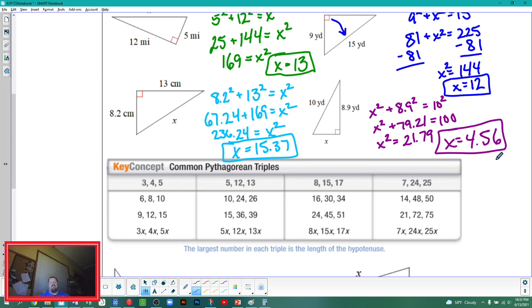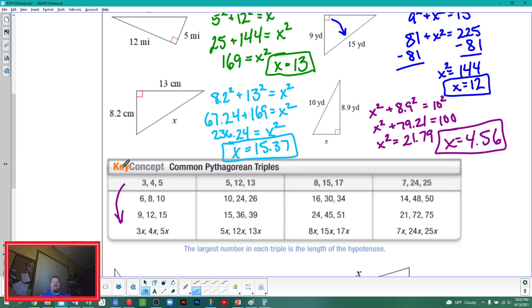And it does say down there at the bottom that the largest number in each triple is the length of the hypotenuse. That's guaranteed. What's not so obvious is that these columns produce multiples of this 3, 4, 5. Granted, there are these other triples: the 5, 12, 13, 8, 15, 17, and 7, 24, 25.